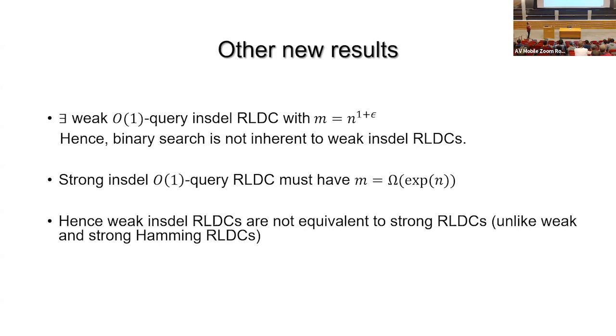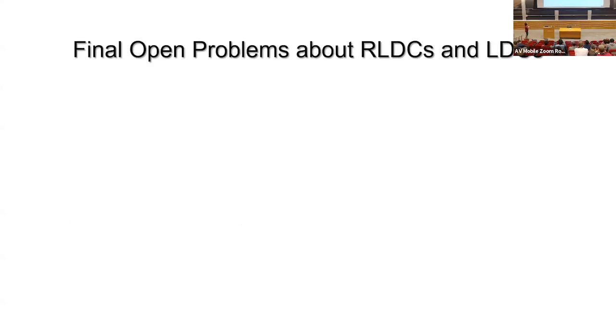However, if we enforce that all 3 properties hold, we must have exponential lower bounds for every constant. Therefore, weak and strong RLDCs are not the same objects in this setting.